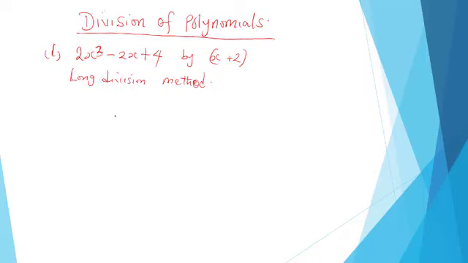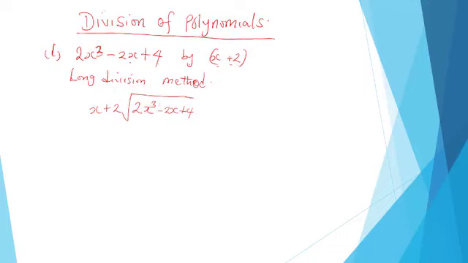For example, from what you're seeing on your screen, 2x cubed minus 2x plus 4 divided by x plus 2. Now what you need to do is bring it down. Now let's start the division.